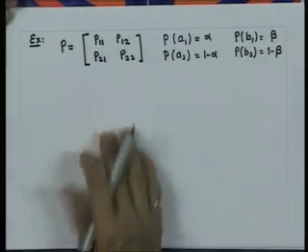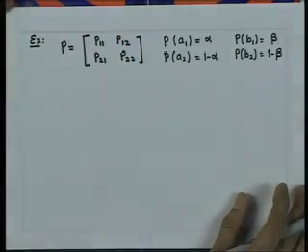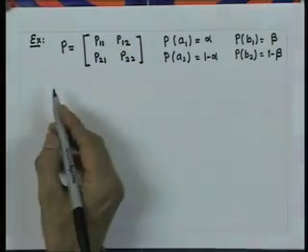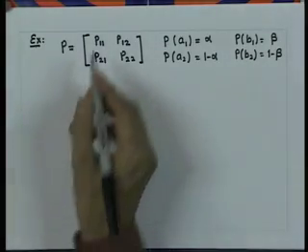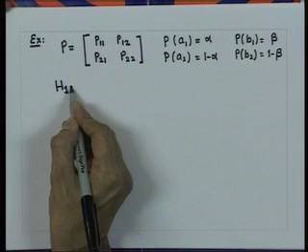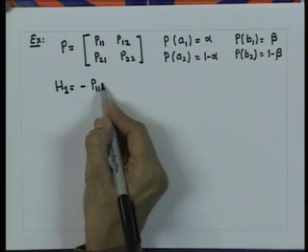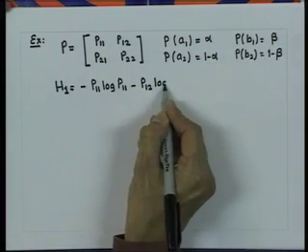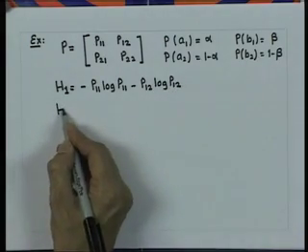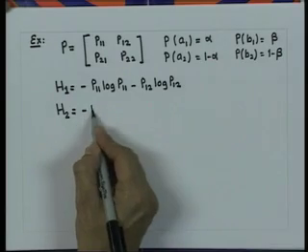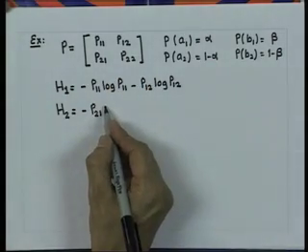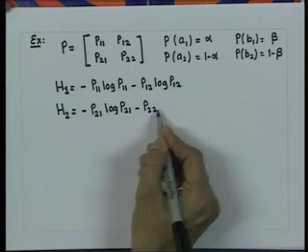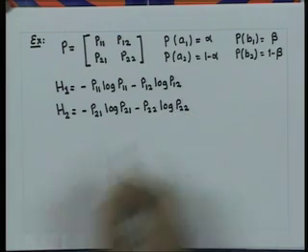For calculation of capacity for such a general binary channel, we will need to calculate H(B). So, H(B) can be calculated if we define H1 as -P11 log P11 - P12 log P12, and H2 defined as the entropy of this row, which is -P21 log P21 - P22 log P22.